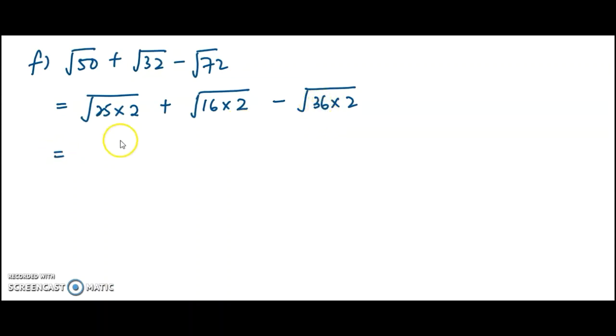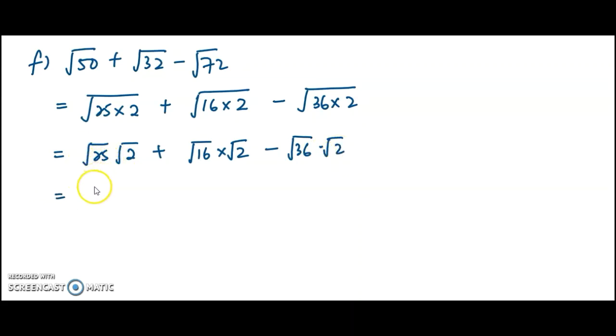So now we have, for the first term, I will split this into surd 25 multiplied by surd 2, plus surd of 16 multiplied by surd 2, minus surd of 36 multiplied by surd 2. Okay, so surd of 25, you can easily get the answer.